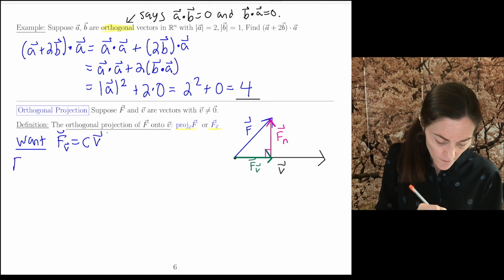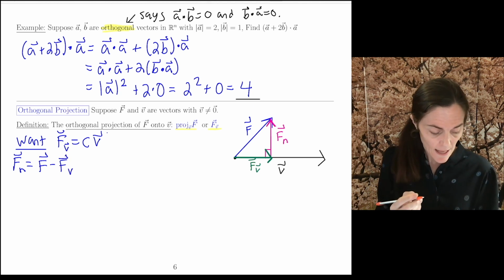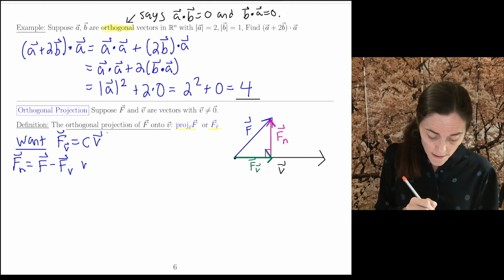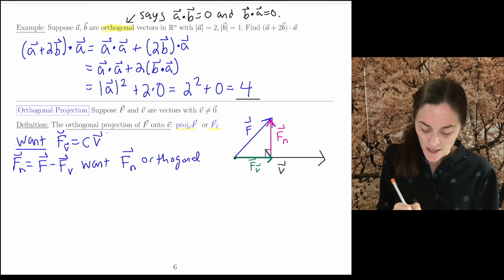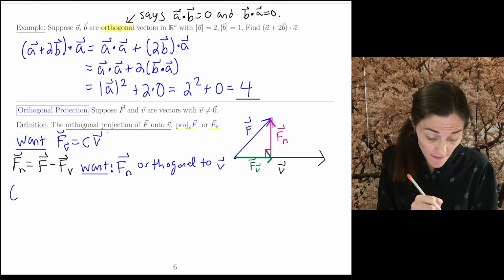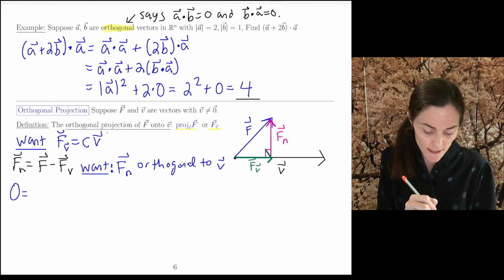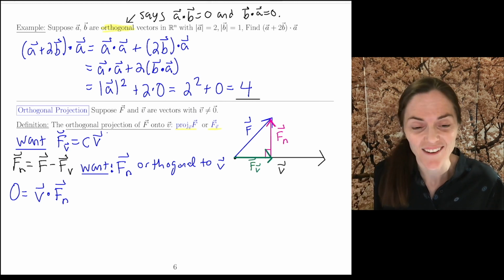So f sub n is f minus f sub v, and we want f sub n orthogonal to v, just like you see in the picture. Well, let us just set this, which is v dot f sub n, equal to 0. Okay, that will make it orthogonal.